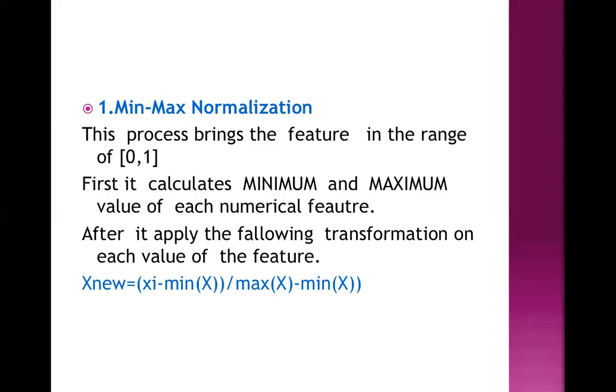Now tell me, what is x new equal to? Suppose you take the values 10, 25. You find the min-max normalization of the particular feature. Instead of taking long integers or big data values, if you take the feature values between 0 and 1, it gives good performance for your model.